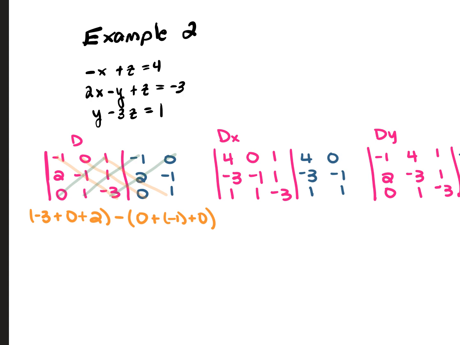So from here, your negative 3 plus 0 plus 2 is just negative 1. Your 0 minus 1 is negative 1 plus 0 is just negative 1. Double negatives turn to positives, and we have negative 1 plus 1, which is just 0.